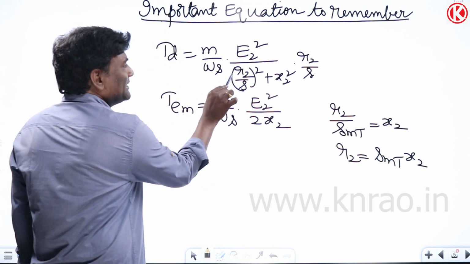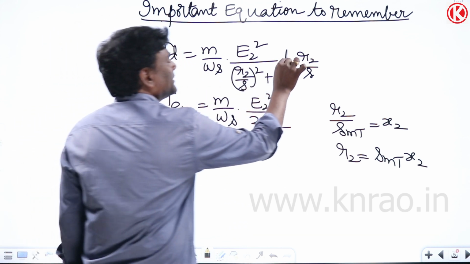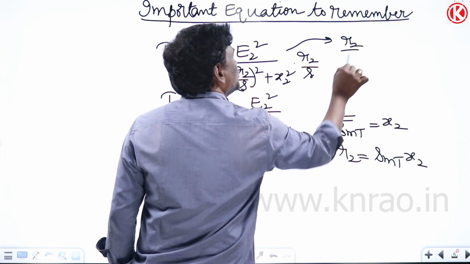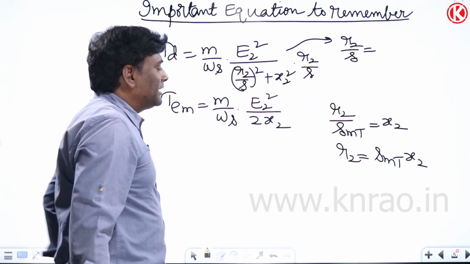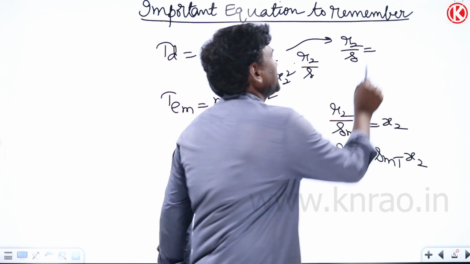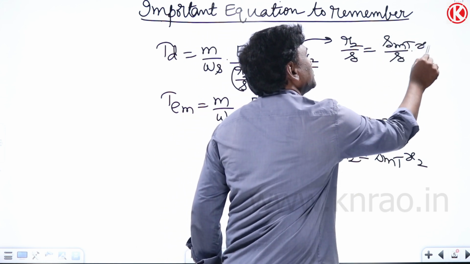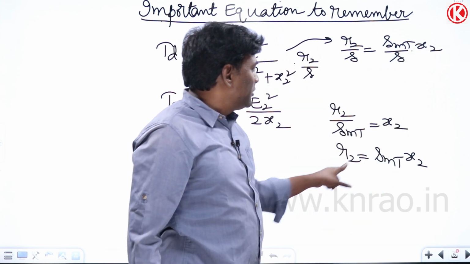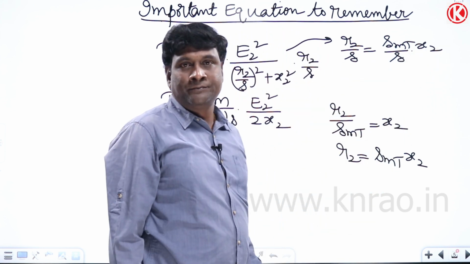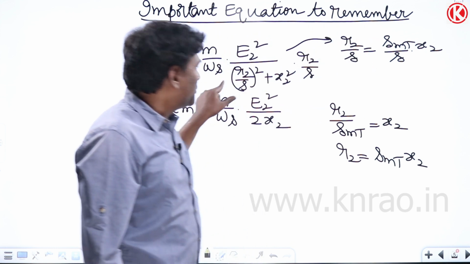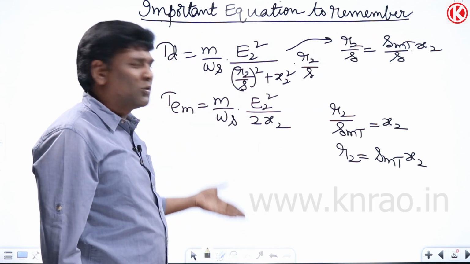Now if I place this in place of R2, if I have R2 by S, R2 is nothing but SMT into x2, so SMT by S into x2. If you place these values here, you need not go for derivation.